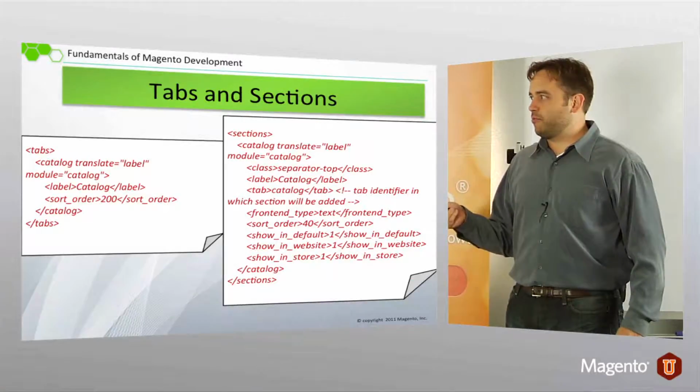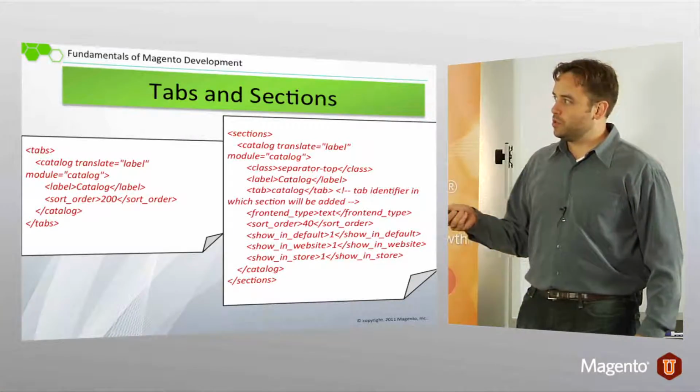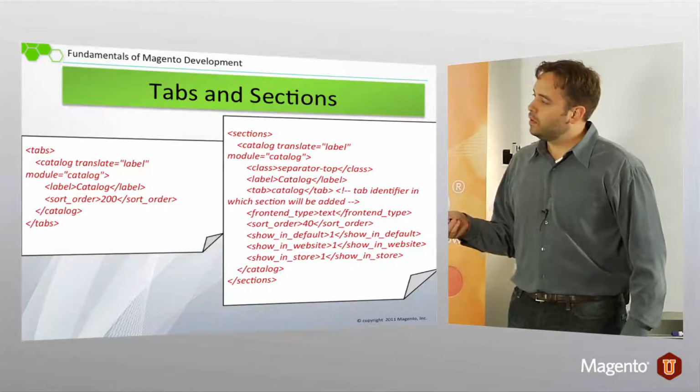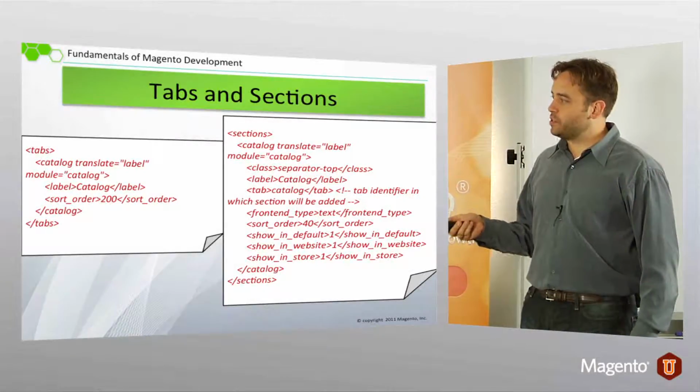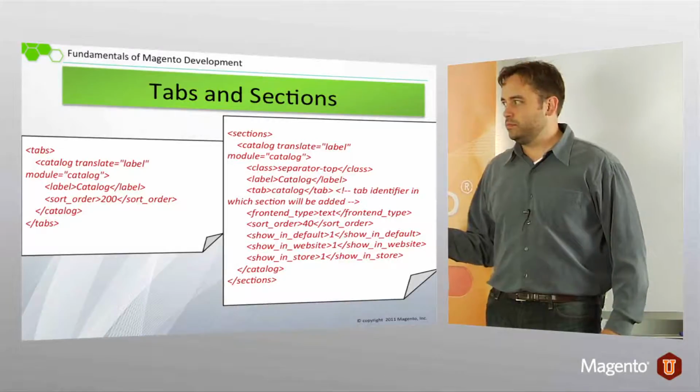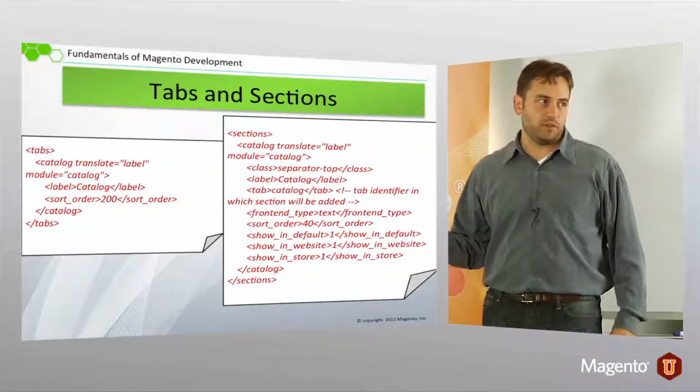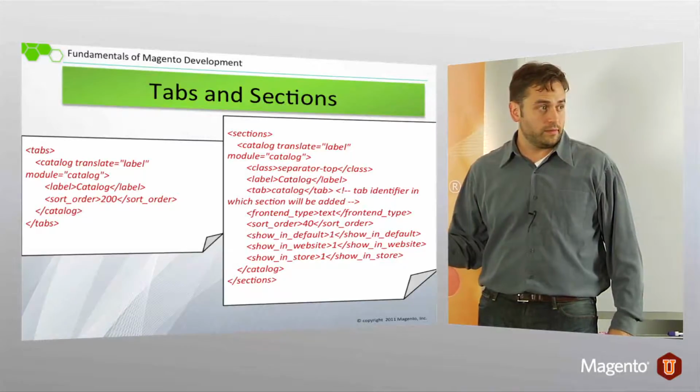And we specify a front-end type of text, which would be used to render this value, and a sort order, and then these three values. And if one of these isn't specified, it's determined to be false.